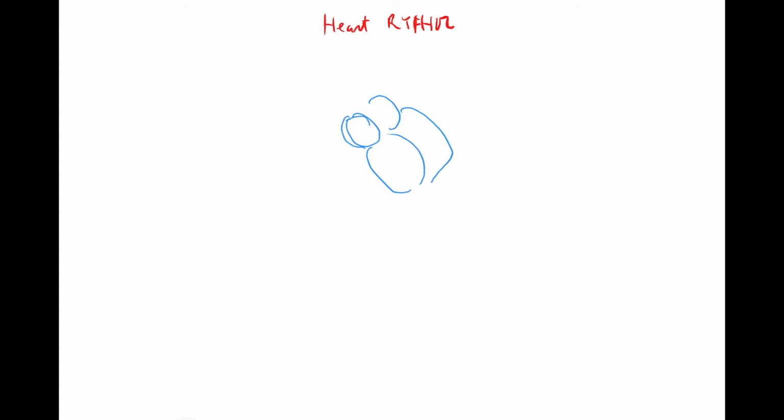So you should remember this is the SA node, and over here you got an AV node, and this is the His bundle. So His, and over here you got a right branch. And the left one still divides into like 3 parts, okay? But that's not so important for today.